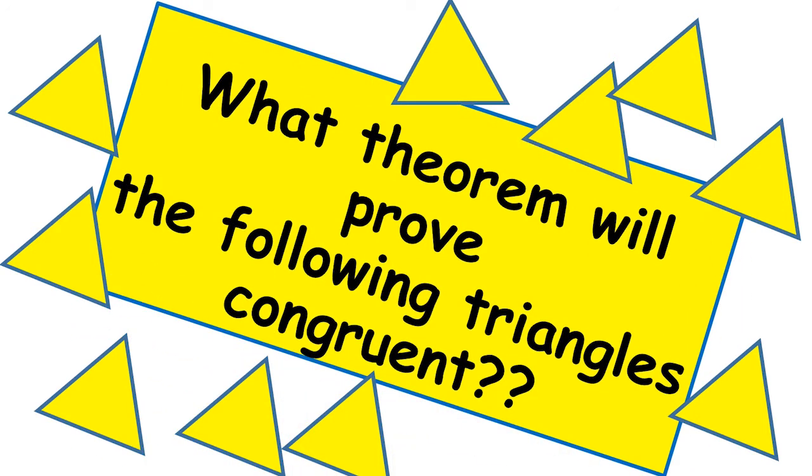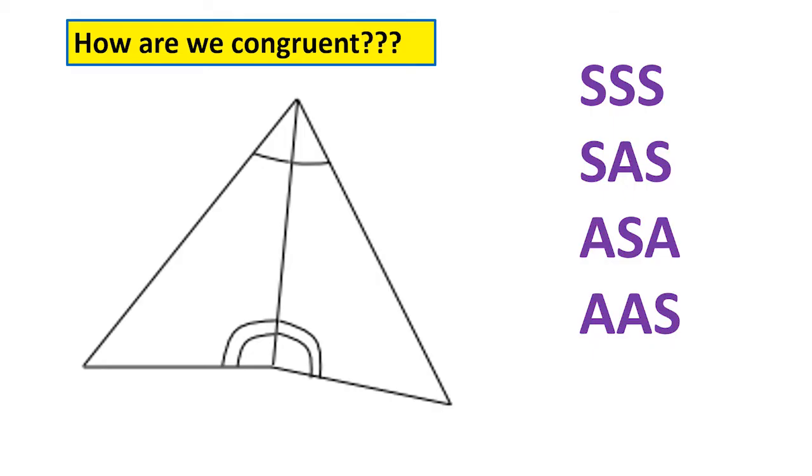All right, so now we're going to look at what theorem will prove the following triangles congruent. Which of the four theorems? Side, side, side; side, angle, side; angle, side, angle; or angle, angle, side. So let's take a look at our first one. How are they congruent? If we notice here, we have congruent angles right here.